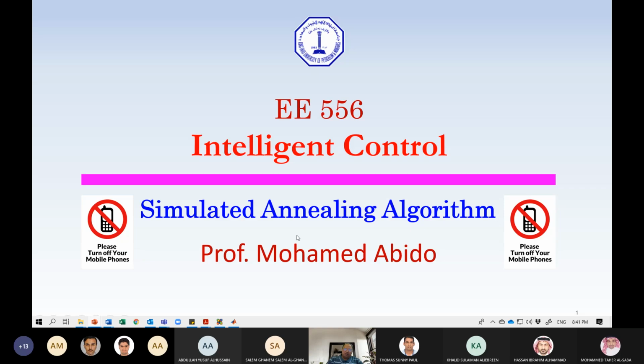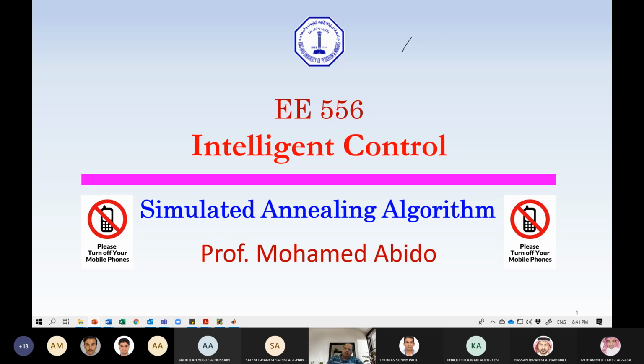We introduce here one of the algorithms which was initiated by a physical process. Genetic algorithm and all these techniques, like the particle swarm, are bio-inspired, but here the simulated annealing is inspired by the physical annealing process.